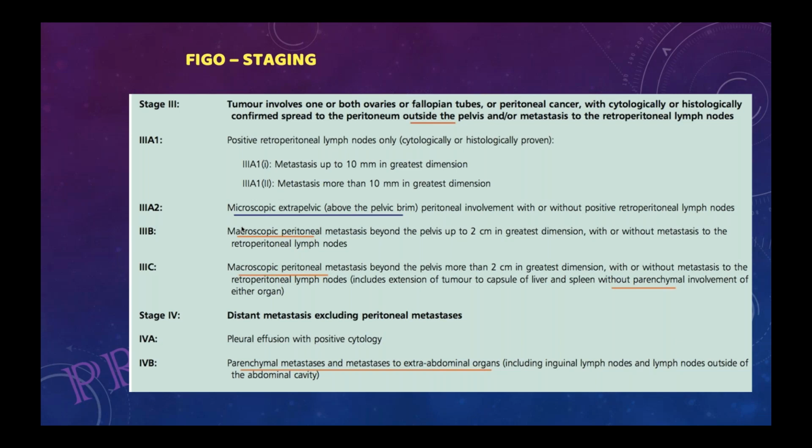If it is less than 2 centimeters, it is 3B. And if it is more than 2 centimeters, it is 3C. In 3C, liver and spleen can be involved, but only the capsule. Outside involvement, no parenchyma. You will get questions from this part also.